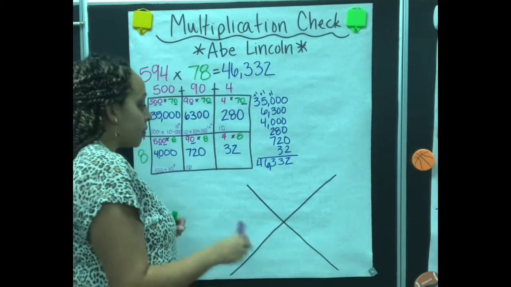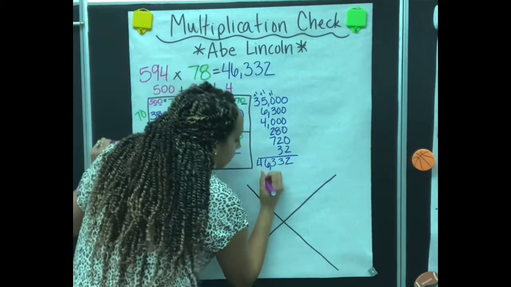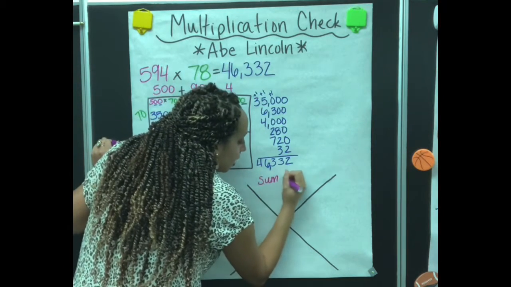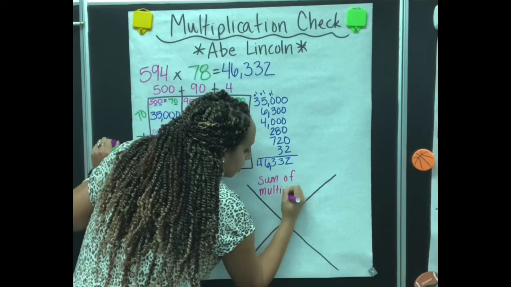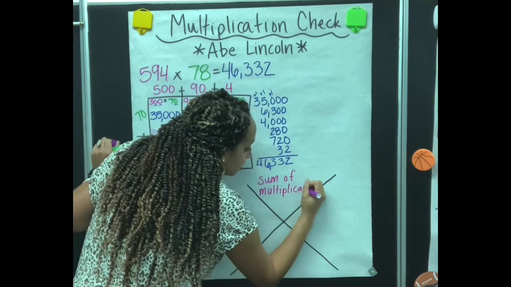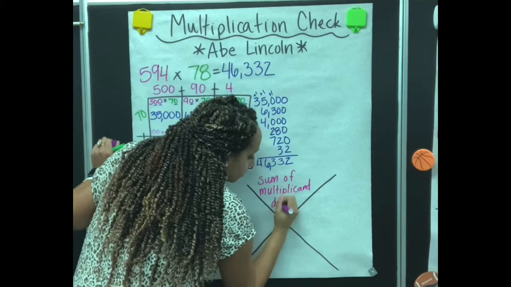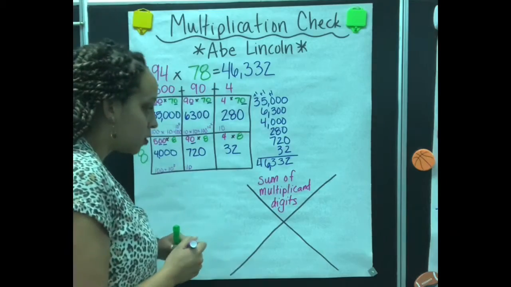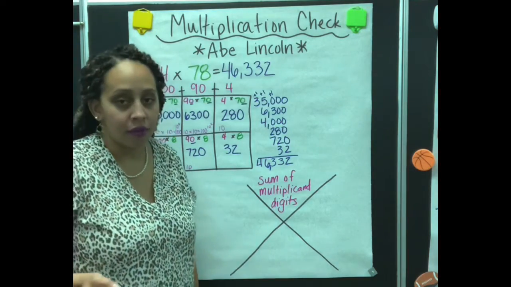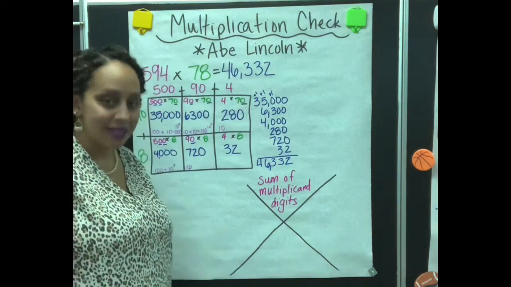On the top of our X, we are going to have the sum of the multiplicand digits. Okay, so you are going to write the sum of the multiplicand digits.